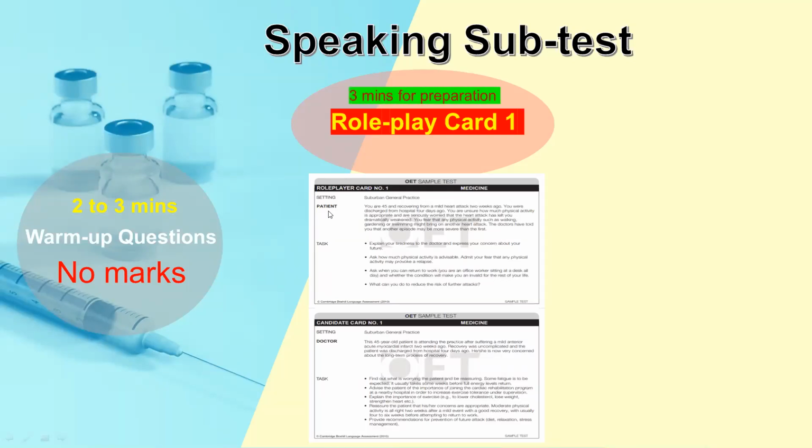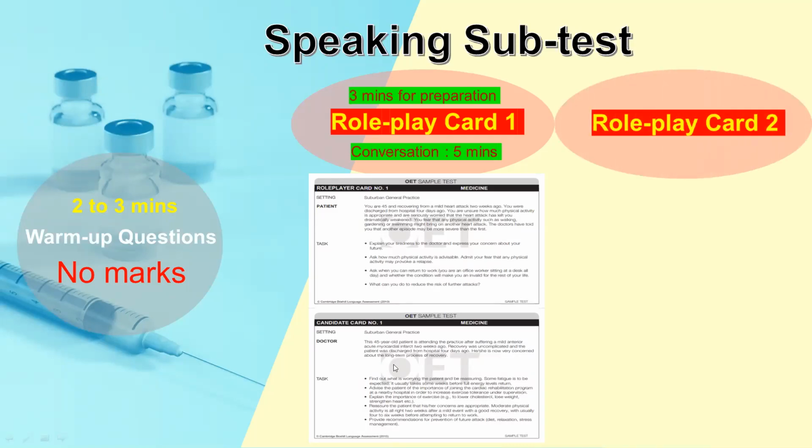At the start, you will have 3 minutes for preparation. So you will take 3 minutes to read and underline the important words and how to approach the main context of this card. And after that, you'll start the real exam, 5 minutes for conversation with your patient, who is the OET interlocutor.